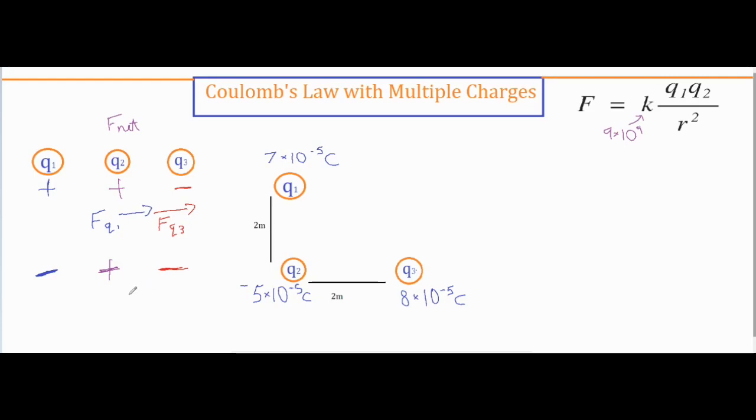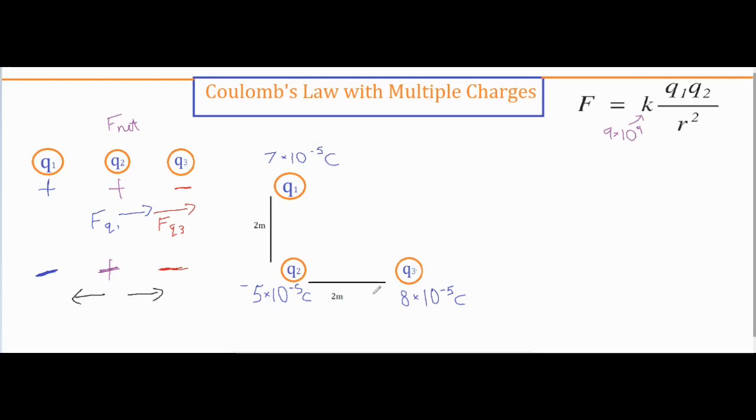So they're basically both trying to attract it, and they're tugging it in 2 different directions. In that case, you would just subtract the 2 forces for your net force. And then obviously, whichever one has the greater force, the object is going to get pulled and accelerate into that particular direction. So that's how you solve a Coulomb's law problem with multiple charges in 1 dimension.